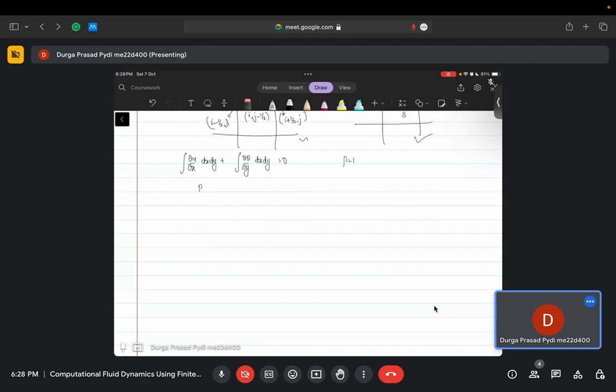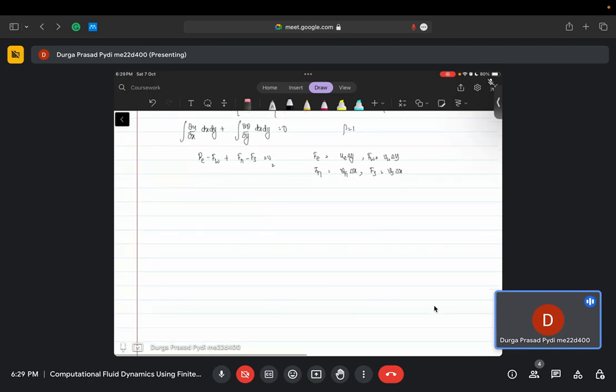So this will be F east minus F west plus F north minus F south equal to 0, where F east is u east times delta y. Similarly, F west is u west times delta y. F north and F south are very similar.